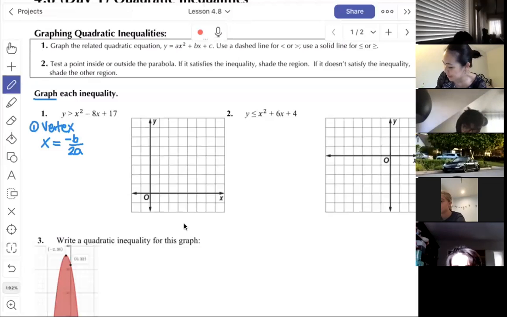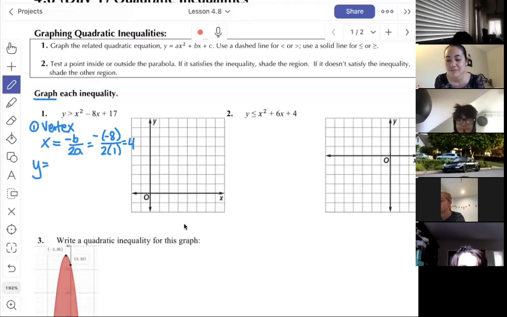All right, so let's plug in. So we get negative negative 8 over 2 times a, which is 1. So that gets me 4. All right, so my x-coordinate is 4 for the vertex. To find the y-coordinate, what do I need to do with that 4? Plug it in.